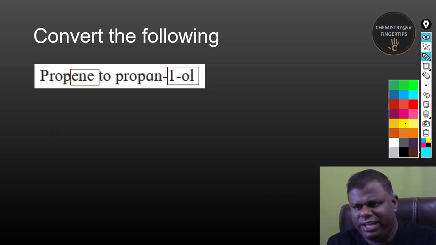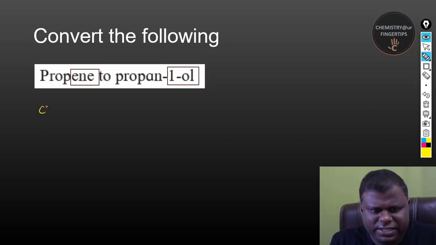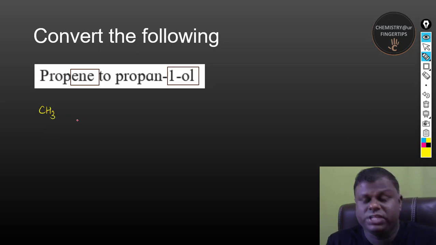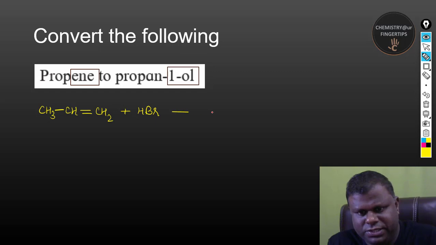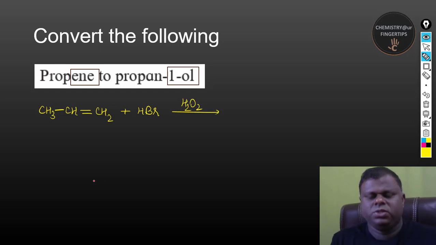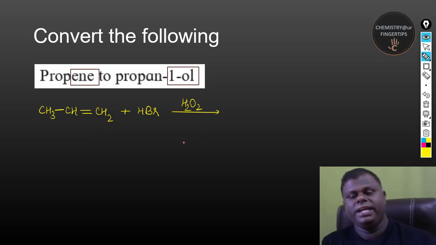So there are different ways of doing this, but let's see the route which involves halogen derivative formation, right? So I'm going to write CH3CH double bond CH2, right? Now this on treatment with HBr, in presence of peroxide, hydrogen peroxide, correct? So what happens over here is it undergoes anti-Markovnikov addition.